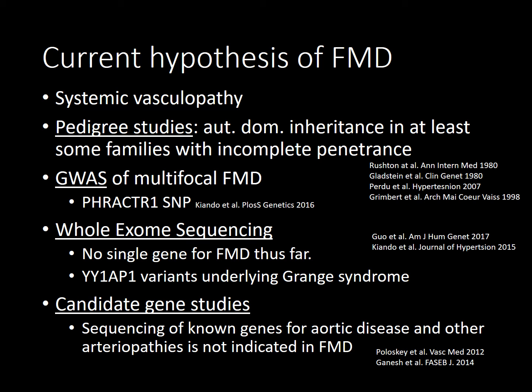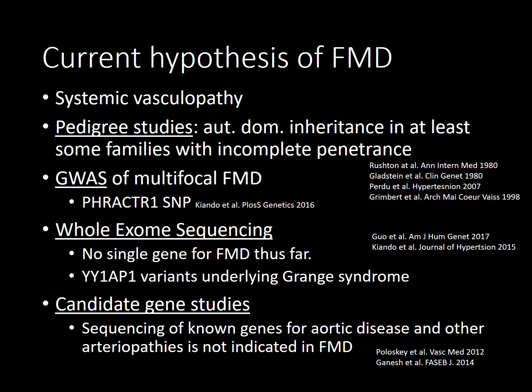So the current hypothesis of FMD is that it's a systemic vasculopathy. The GWAS of multifocal FMD identified the PHACTR1 SNP, and whole exome sequencing has not identified any single gene for FMD, but there is a variant of YY1AP1 underlying Grange syndrome that may have something to do with it.